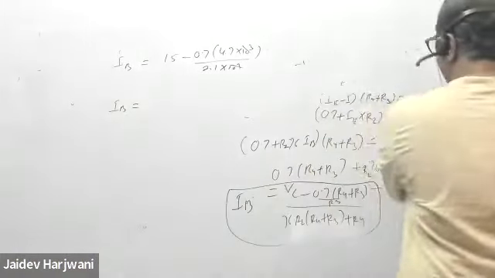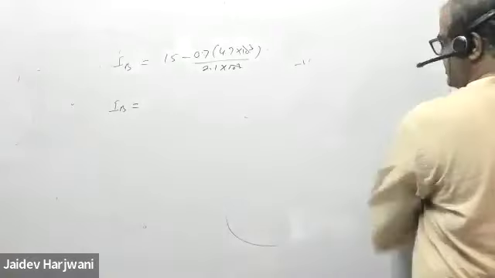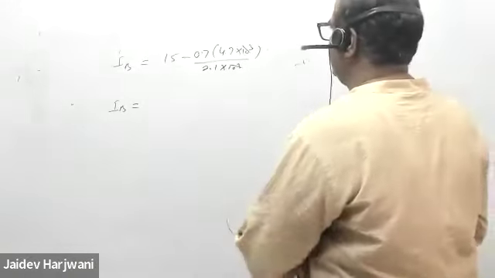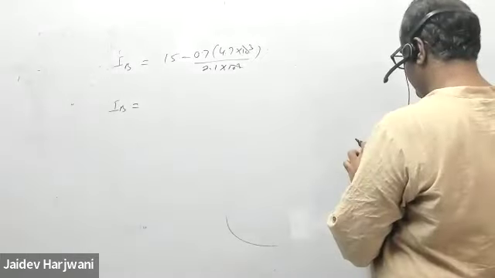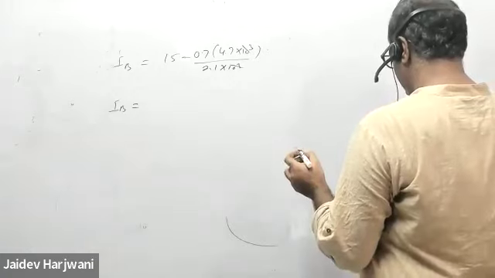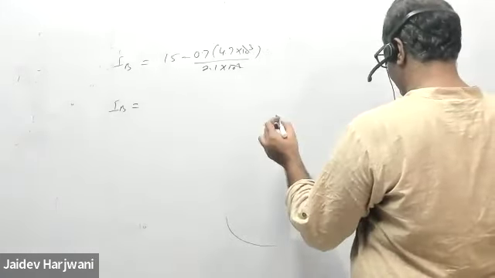Okay, let me write the equation again, only then it will be dimensionally correct, right? So let me write the equations again. The first equation: I'm going from VC.